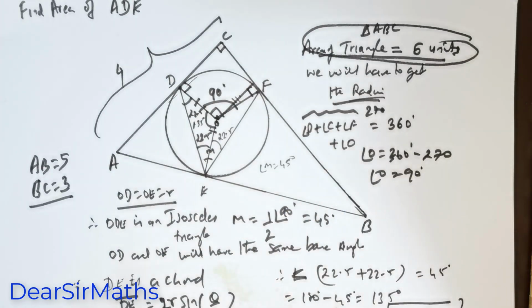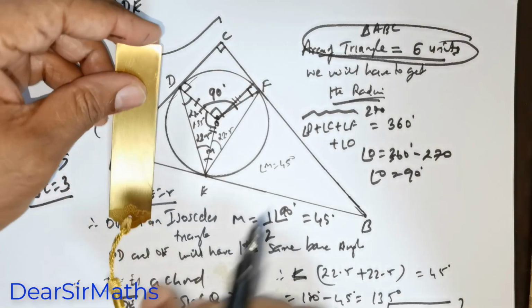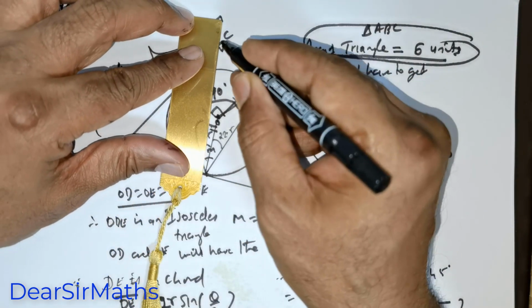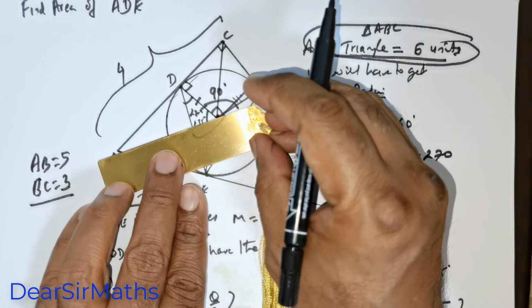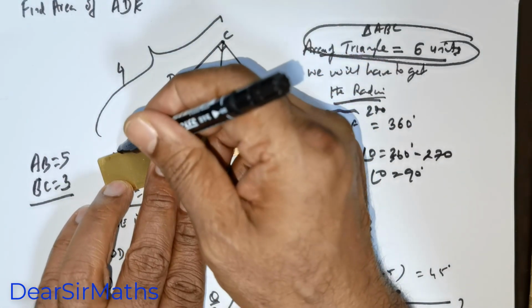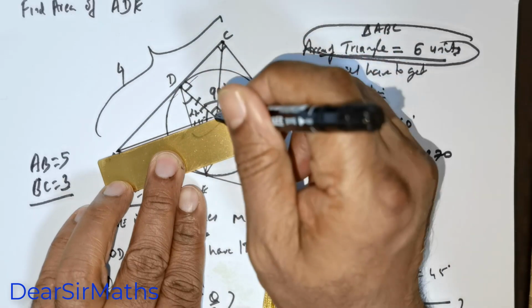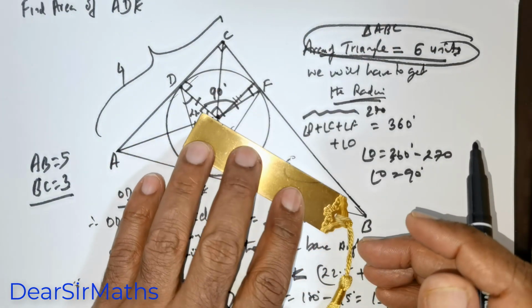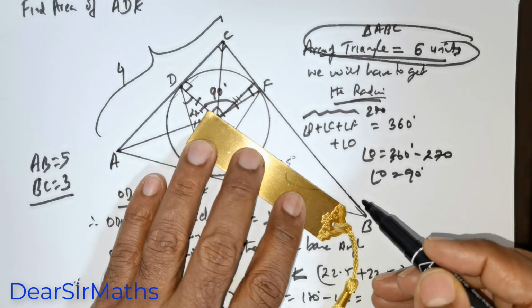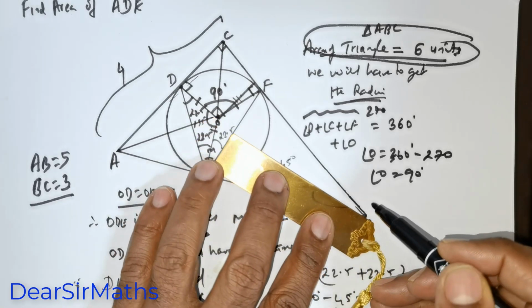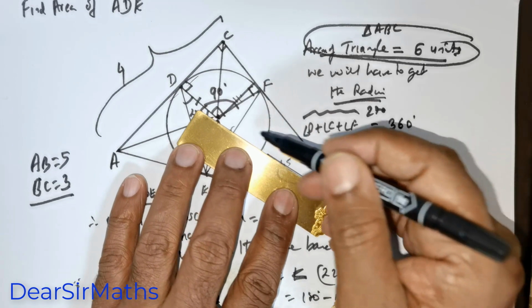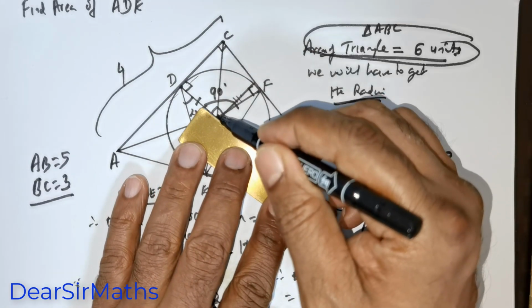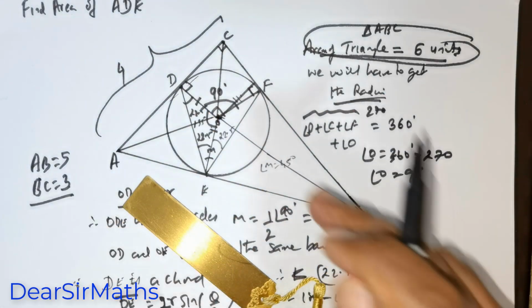Now for that, I would like to connect this point with this vertex. Okay, so what do you have? You got a triangle there, right? Then I wish to connect this point with this vertex B. So I got a triangle there, I got a triangle here.